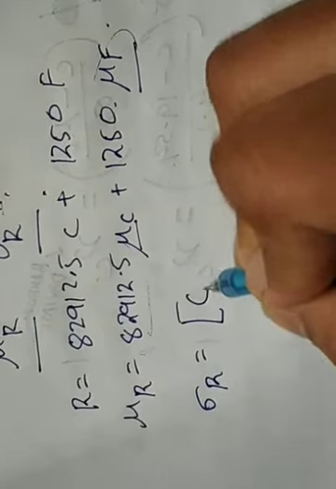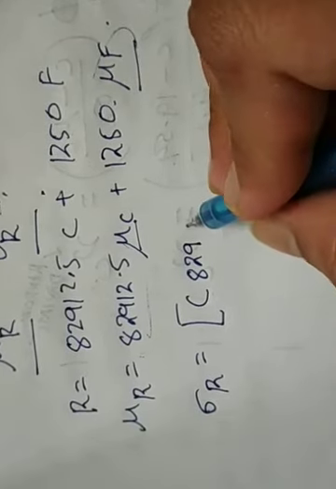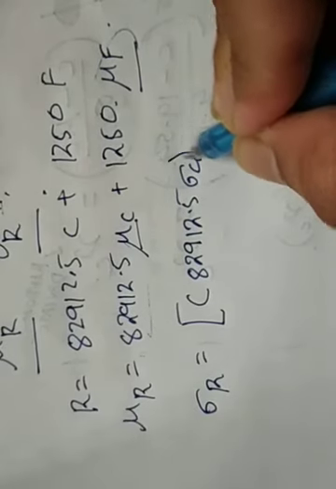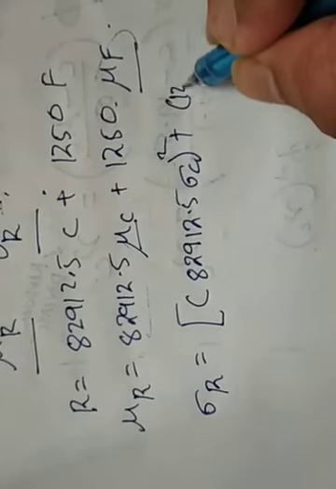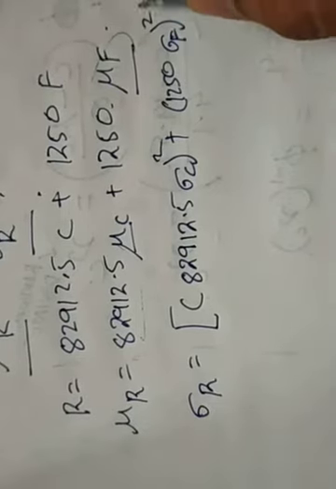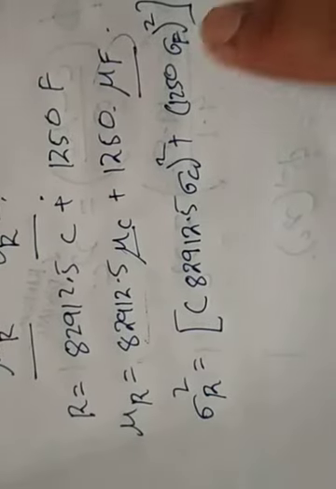How can we check? Sigma R is going to be the root of (82912.5 sigma C) whole square plus (1250 sigma F) whole square, or I can say sigma R square is equal to this, right?